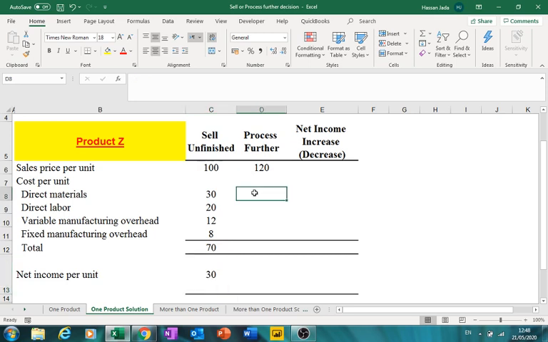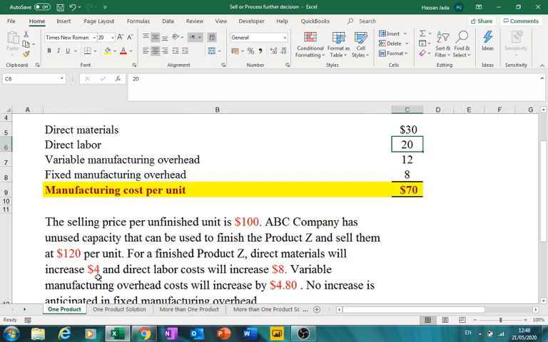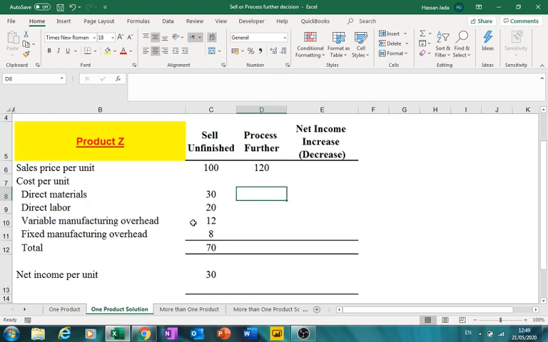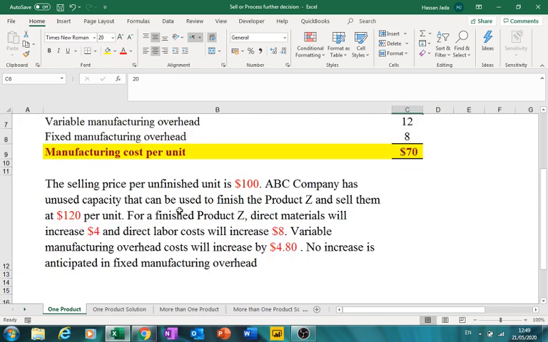Here, if we want to process further to make it a finished product, we can go to our example. For a finished product, direct materials will increase by $4. Then direct materials equals this amount plus $4, so we have $35 for direct materials.